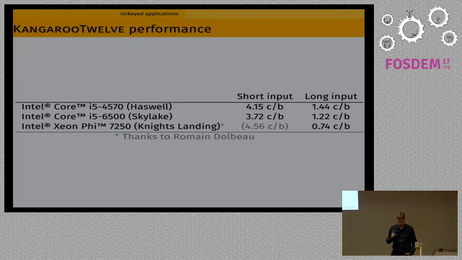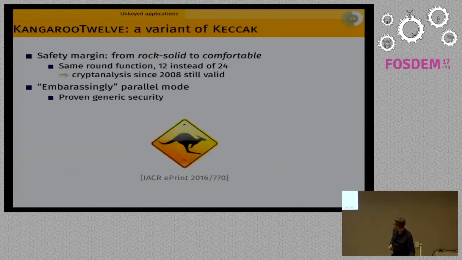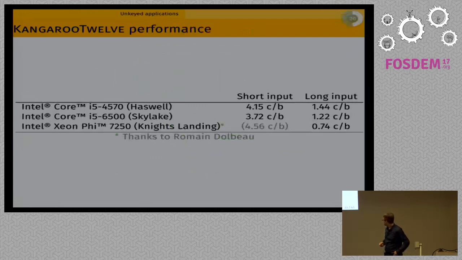I forgot to mention that this idea of kangaroo hopping, with the first chunk using the same hash function as the digest, means that if your input is small, there is no overhead due to the tree hash mode. So this 3.72 is really the speed for a short message, as soon as there is one block, for instance.